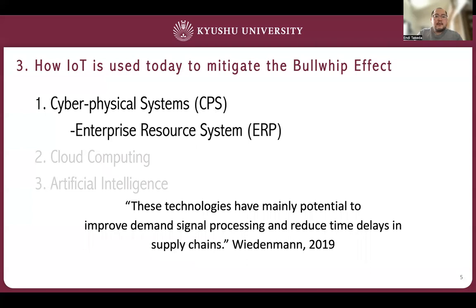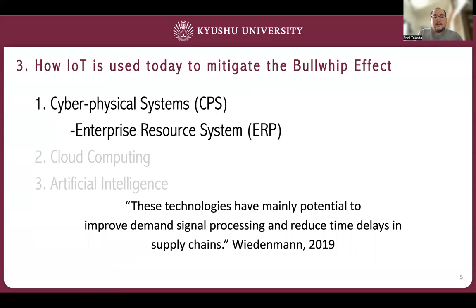When we talk about how IoT can be used to mitigate the Bullwhip effect, there are other applications, for example, cyber physical systems, cloud computing, and artificial intelligence. However, I'll be talking mostly about cyber physical systems, and inside that, I'm also going to talk about the enterprise resource planning system, or the ERP.